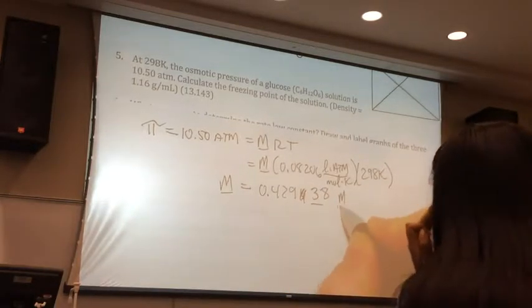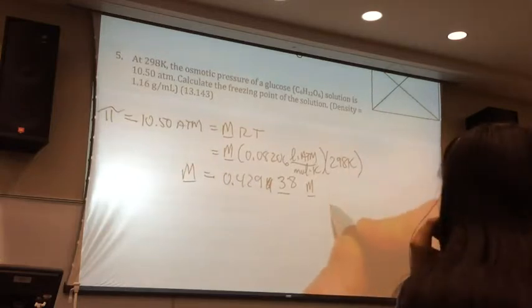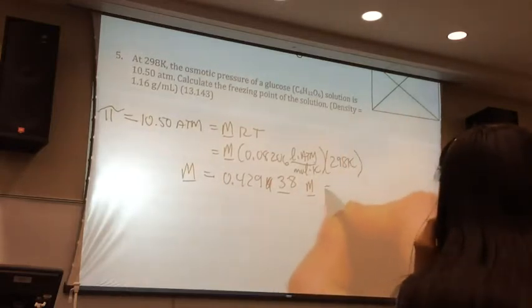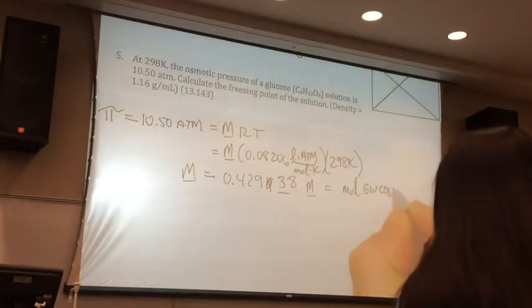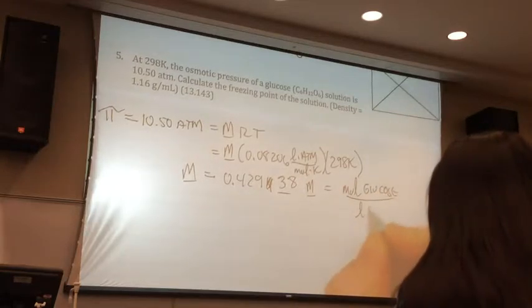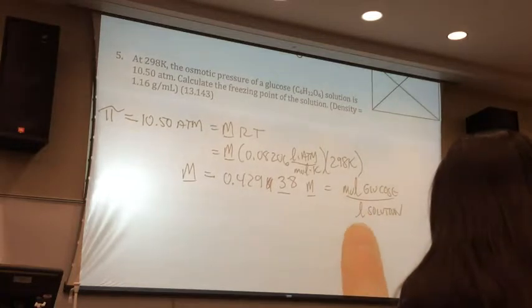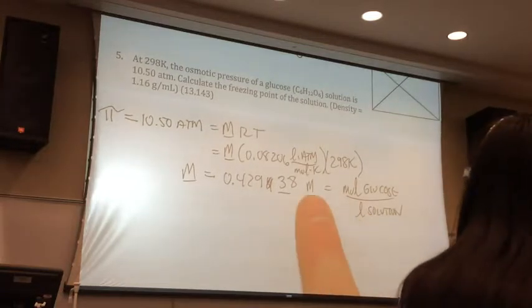So this is the molarity, right? And this is the moles of glucose divided by liters of solution. All right? Just to let you know, that's what molarity stands for.